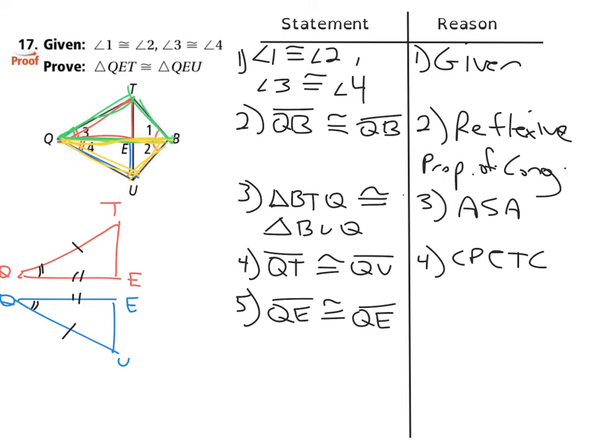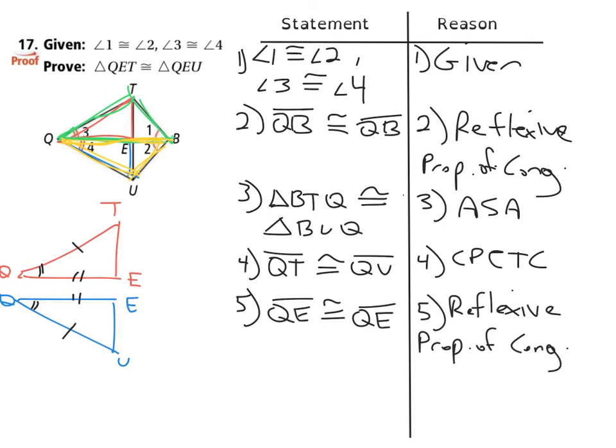Why do I not have to change the vertices position? Because if we were to rotate the blue one, flip it over onto the red one, we would see that those vertices line up. So we don't need to reorder them to name them. Those are the corresponding vertices. How do we know that that's true? That is the reflexive property of congruence.